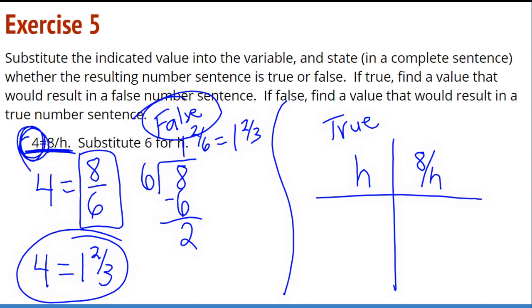So let's see here. If I put a 1 in, 8 divided by 1 is 8. Well, that's definitely not going to work. What if I put a 2 in? 8 divided by 2 would be 4. So it would be true if h equals 2.